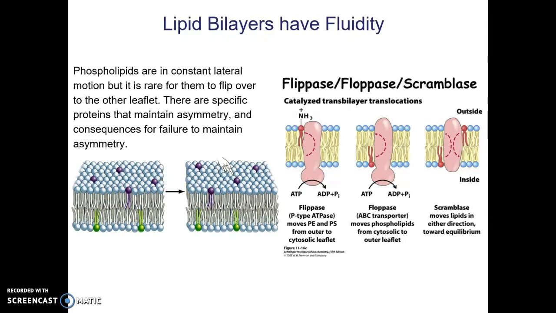So the way I remember that is flip has an I in it and inner has an I. And floppases are going to move things to the outer leaflet. And again, flop has an O and outer has an O. And scramblases, they can go in either direction. So there's not much movement in to out that requires energy, but moving side to side, that requires no energy.